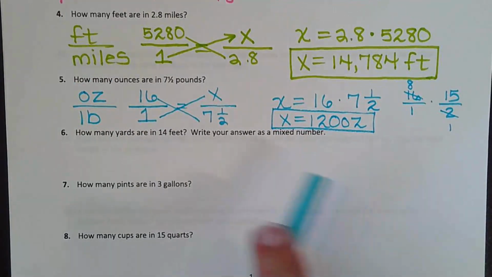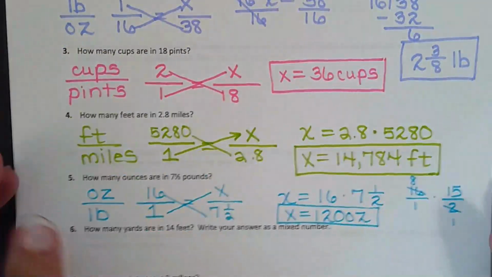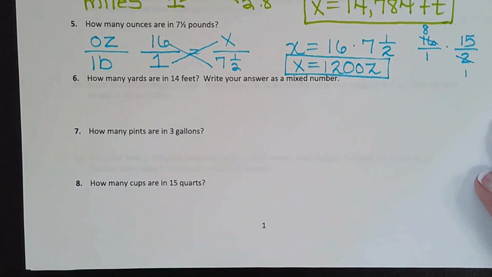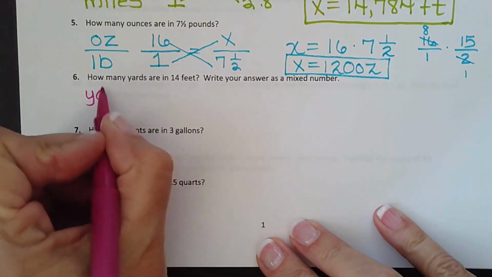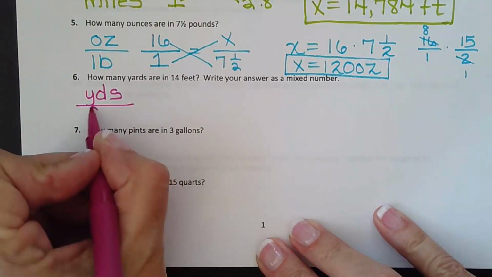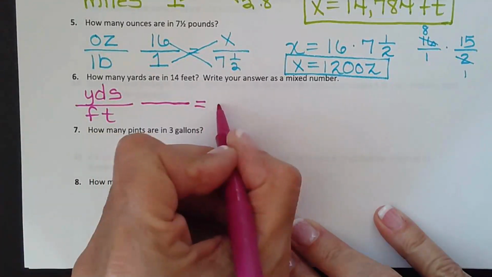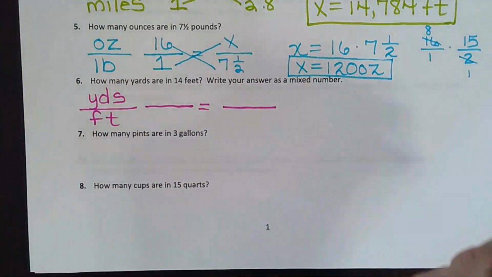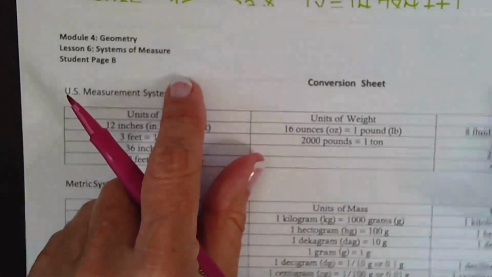Okay, so this next one's telling us to write as a mixed number, which we did up here, so we know how to do that. So we're doing yards and feet. So we will write yards first, feet second. So looking on our formula sheet, yards and feet are length.